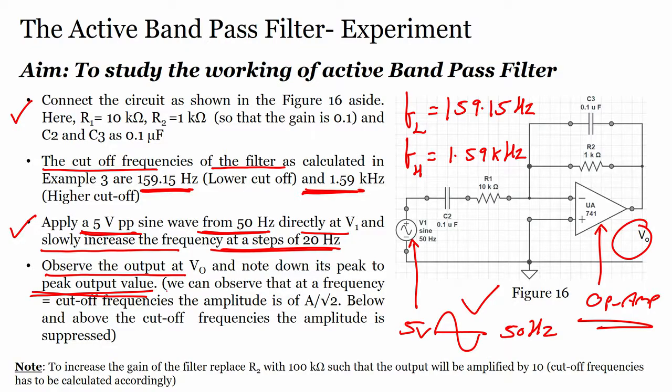At a frequency equal to the cutoff frequency, the amplitude is about A by square root of 2, while below FL and above FH, the amplitude is suppressed.